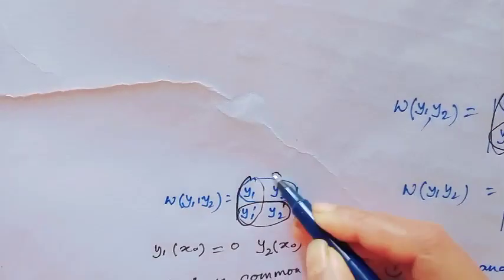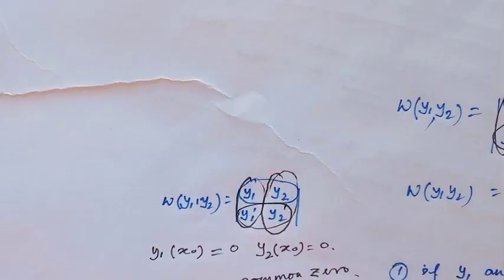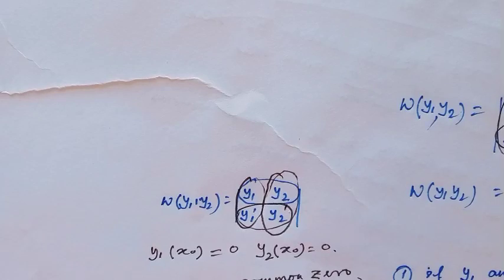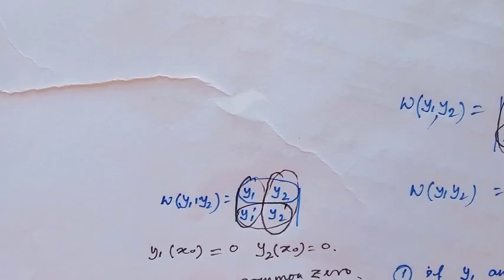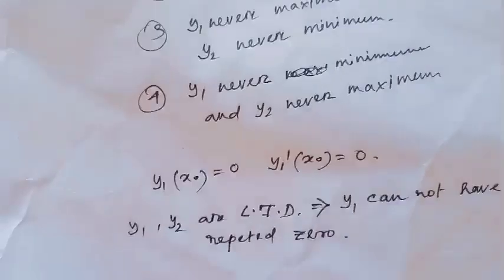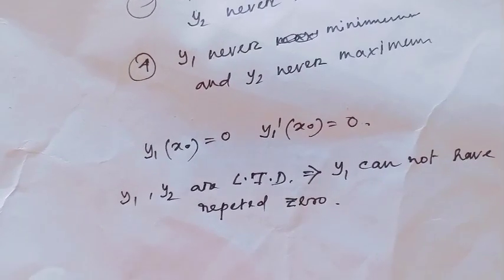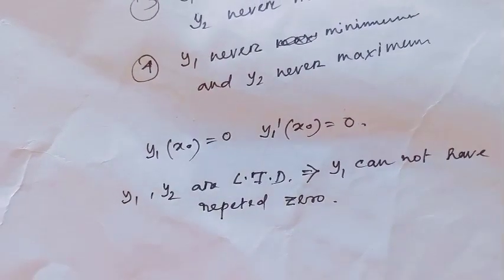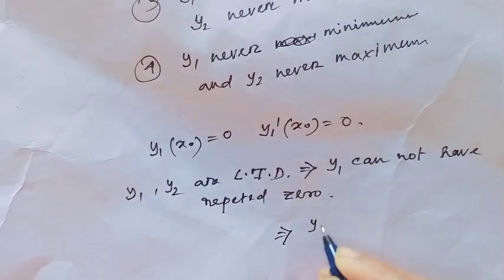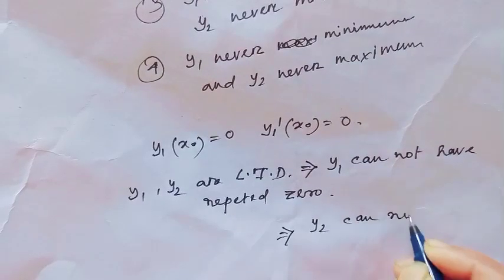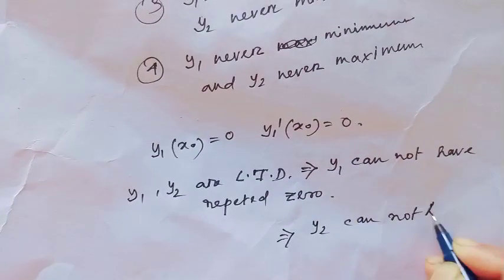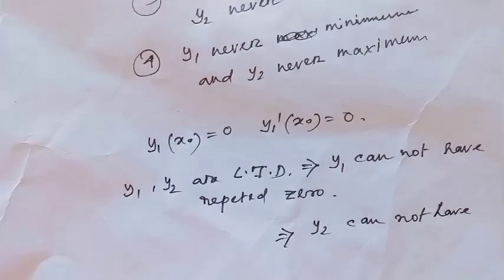If I also take zeros in the second column, that means y2 x naught equal to 0 and y2 prime x naught equal to 0. That means if y1, y2 are linearly independent, then y2 also cannot have repeated zeros.